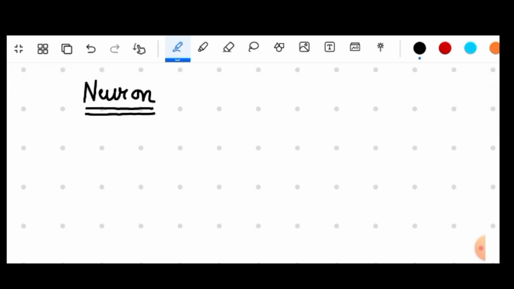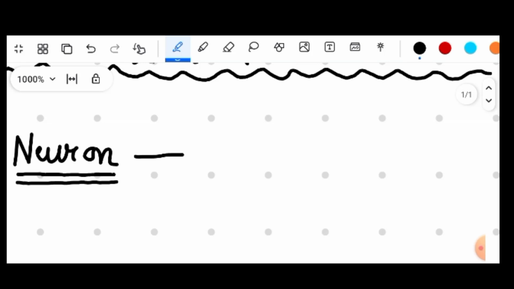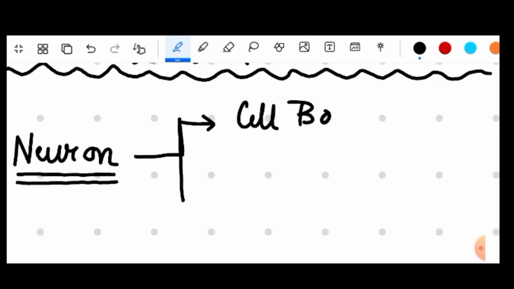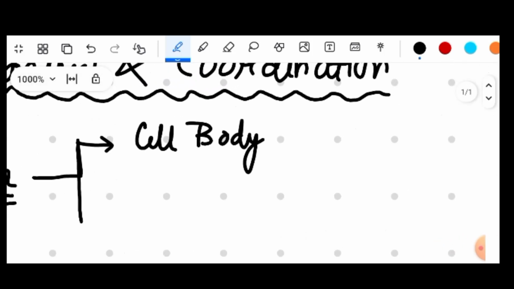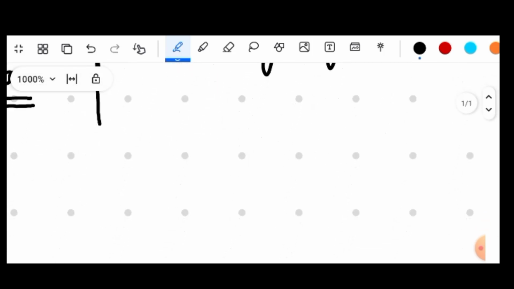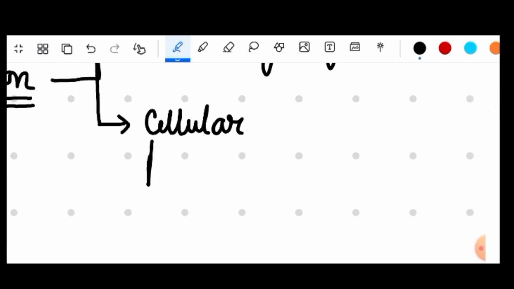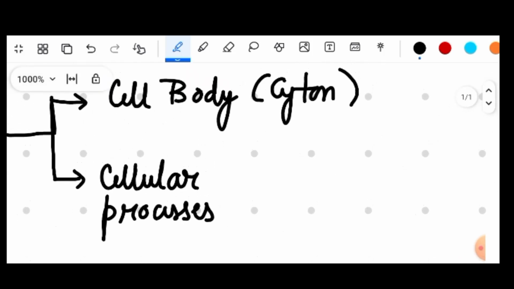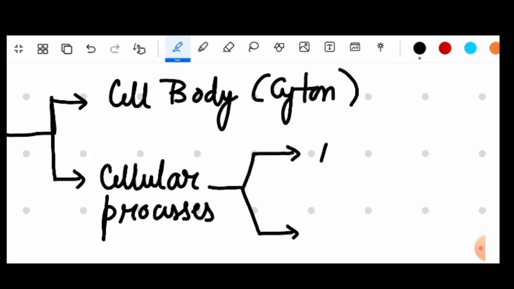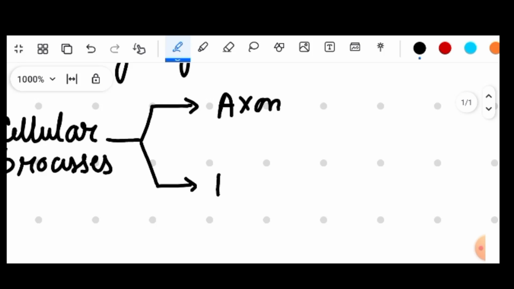The first section is the cell body, which is called the cyton, and the cellular processes, which are further divided into the axon and the dendrites.